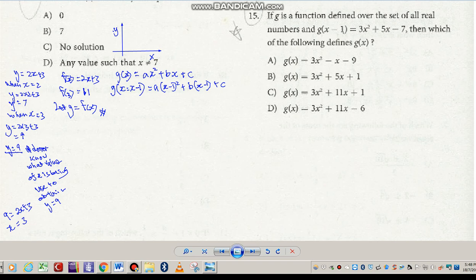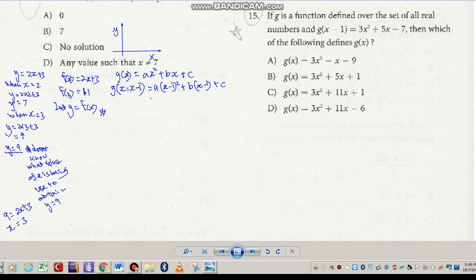If it's a purely substitution, your original equation should also have x squared, x and a constant. It won't change. Only what changes is the coefficient, because the x is replaced by x minus 1. So we can safely write ax² plus bx plus c.